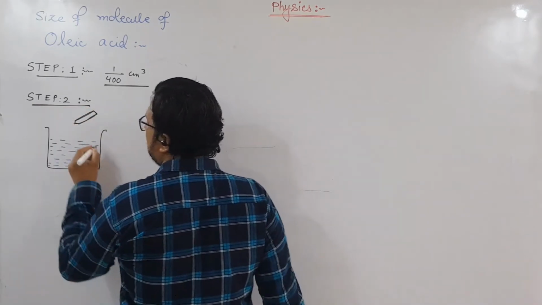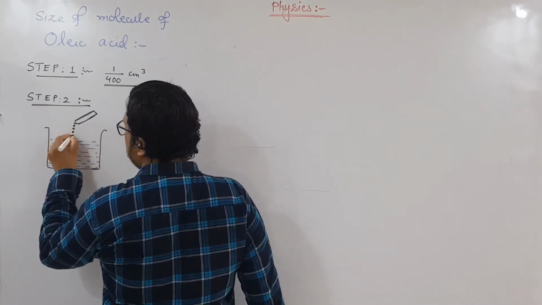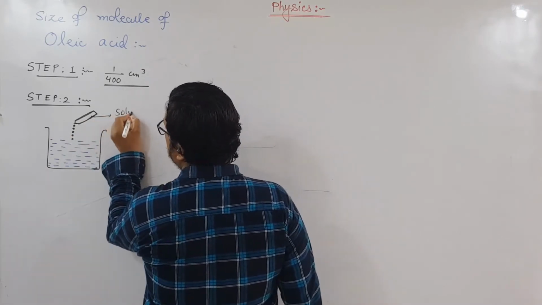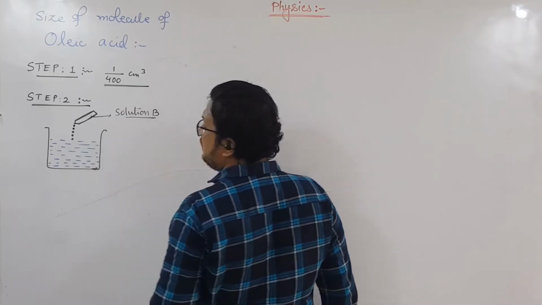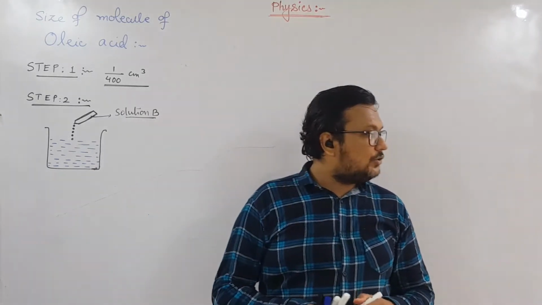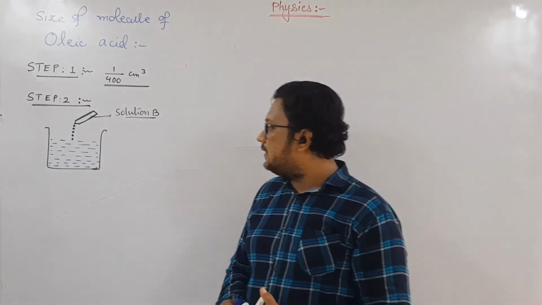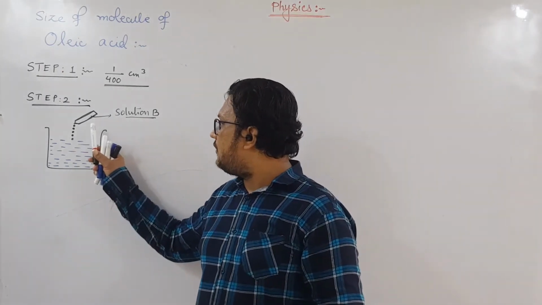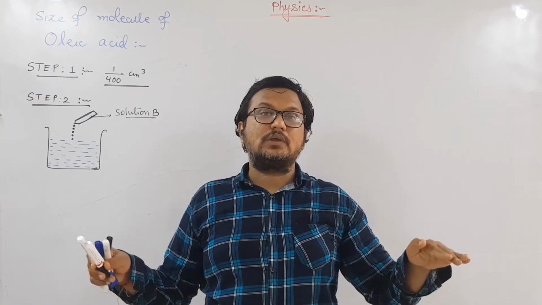With the help of this dropper, we are going to drop solution B on the surface of water. Now, what will happen here is that this drop of solution B will spread on the surface of water, right?